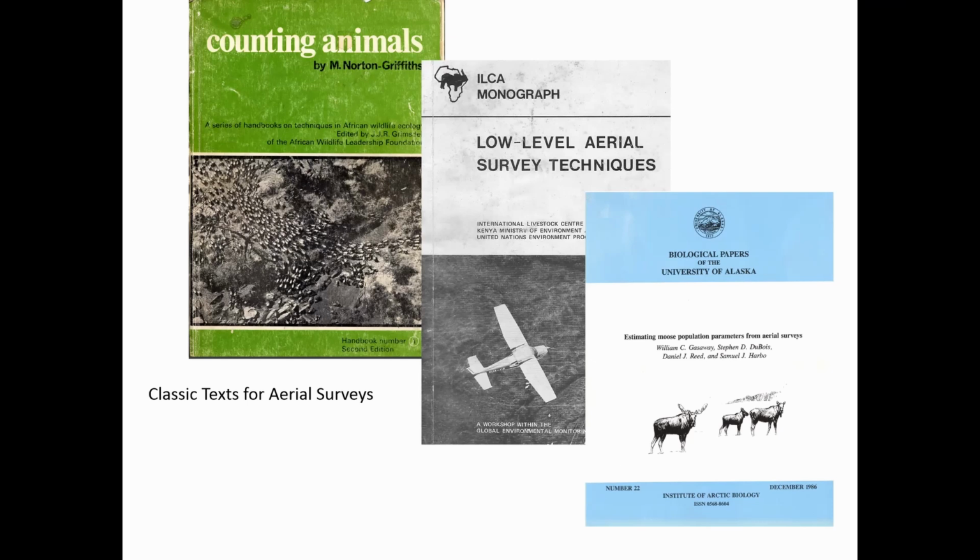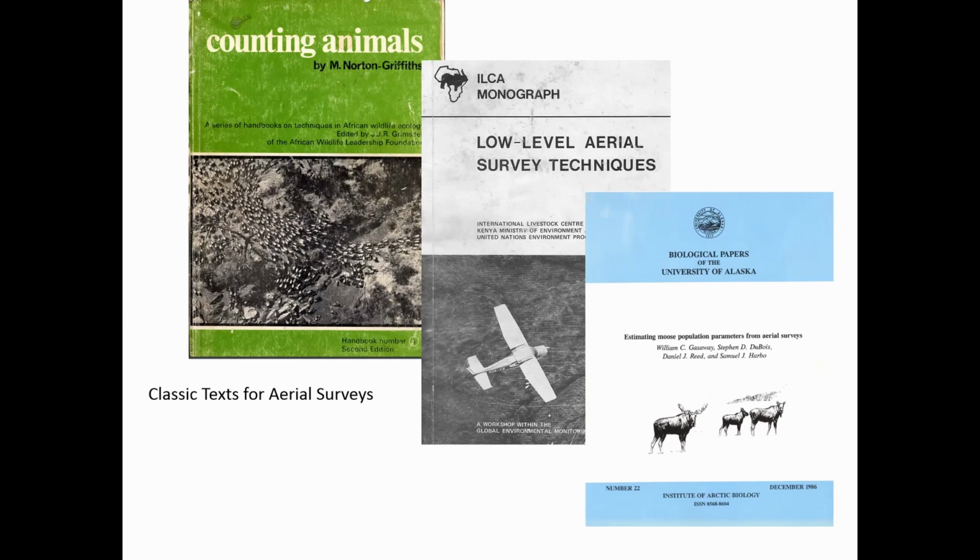At the same time, in a completely different landscape, they were looking at a different set of problems in Alaska: how to enumerate their moose populations. There is a classic text, Institute of Arctic Biology, I think 1986, by Gasaway et al., that incorporated a lot of the processes of Jolly, but also a range of other techniques for enumerating moose, which don't occur in these massive herds that we have in the Serengeti.